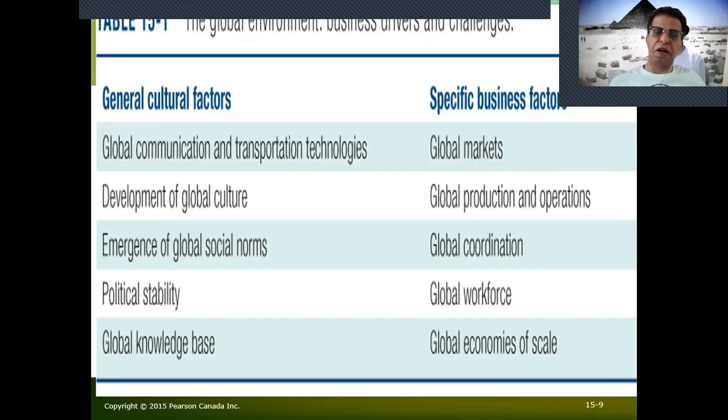The general cultural factors are global communication and transportation technologies, the development of a global culture, the emergence of global social norms, political stability, and the global knowledge base. The specific business factors are the global market, global production and operation, global coordination, a global workforce, and definitely global economies of scale.